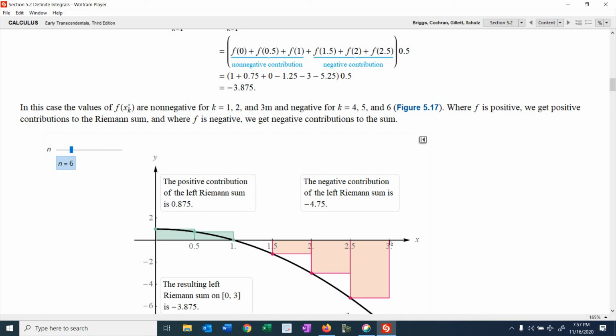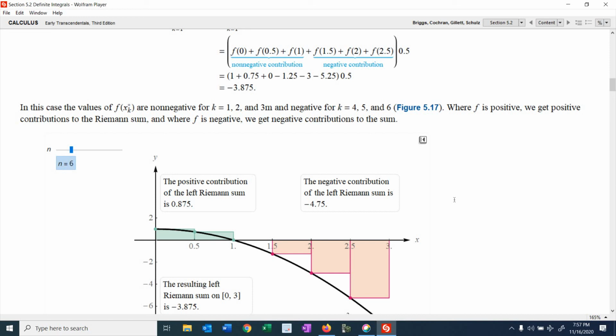Now we have to come up with our geometric interpretation for the Riemann sum in this case, where the function goes below the x-axis. It's obviously not giving us an approximation for the area trapped between the function and the x-axis. So this is how we're going to interpret it.